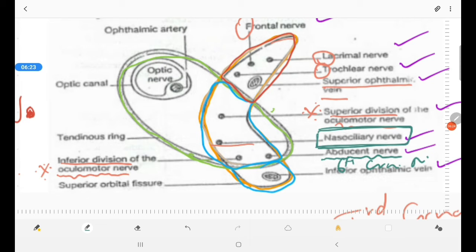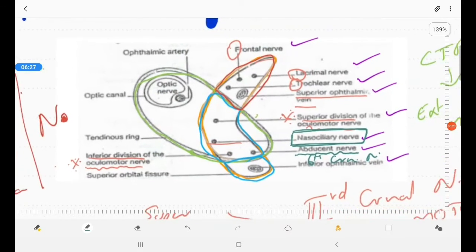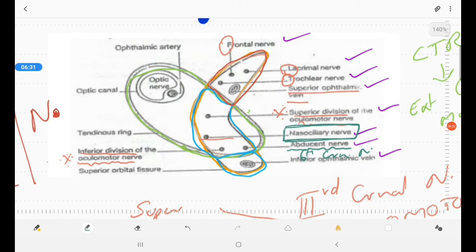So please remember, this is a 10-mark question for your theory exams, and even ICO takes this topic as very important. So you should know how to draw this diagram thoroughly. So these are the oculomotor nerve, the abducent nerve, and the nasociliary nerve.